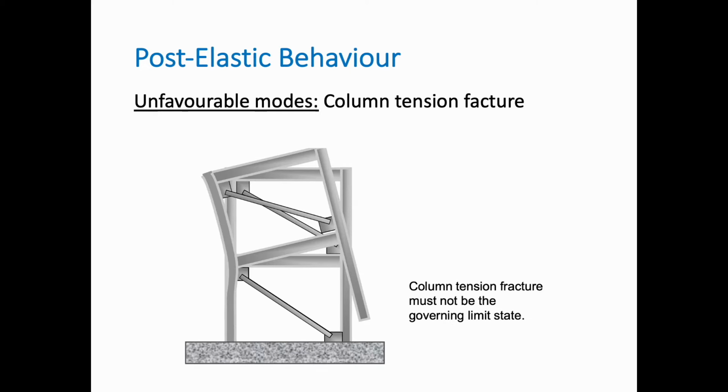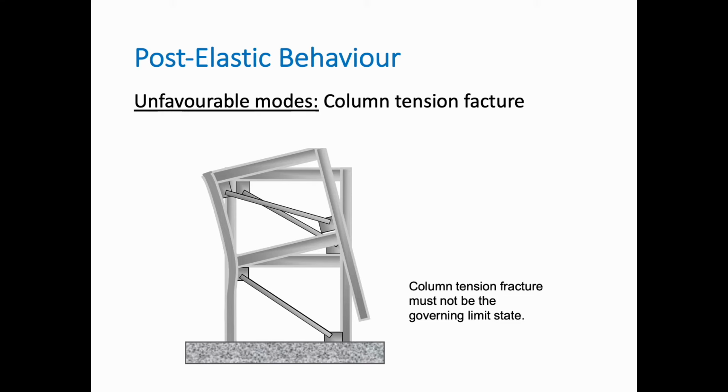We also need to protect our structure from column tension fracture, which means that we design the splices and the base plates for the maximum capacity of the bracing members, so that we do not really get any failure of these before the bracing member buckles. It's not too often that this happens, but we never know if that frame returns back to its initial position, whether we'll be able to withstand the gravitational forces and the reaction of that.